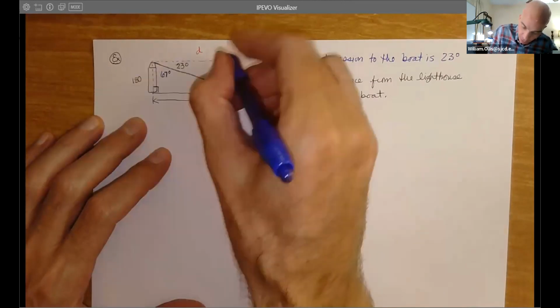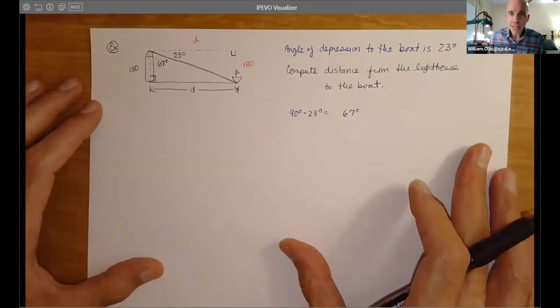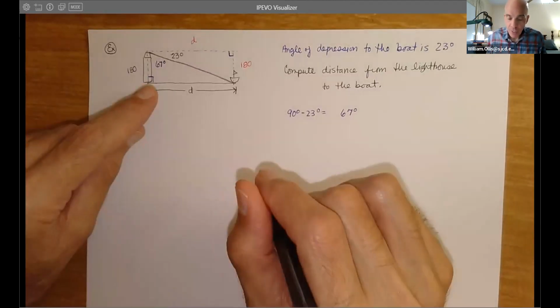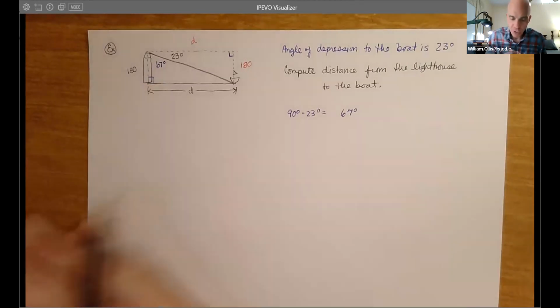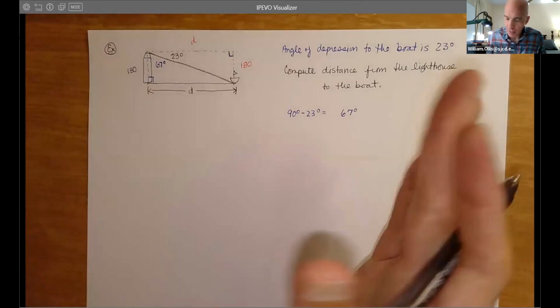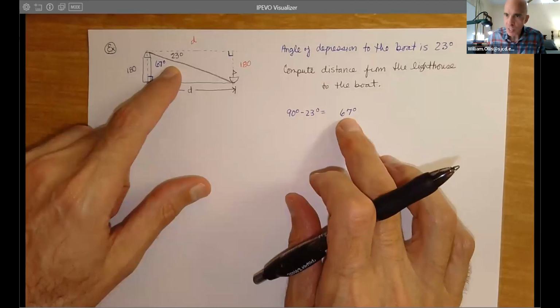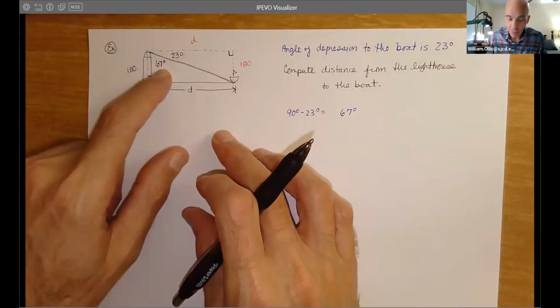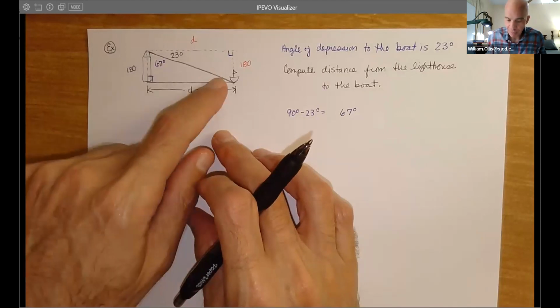So the computation could use either triangle. I don't guess it really matters. We bothered to get this angle here, so let's just go ahead and use this triangle, or you could use this one. It's your choice. But notice these are the angles that we have: that's a 23 here and that's a 67.